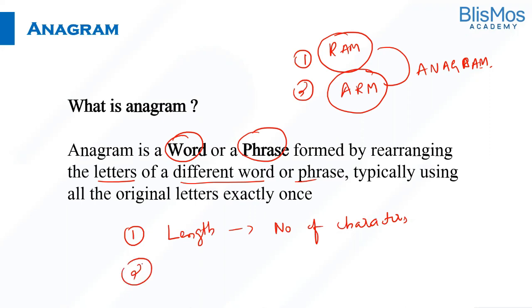And the second condition is both the strings should have the same characters. Meaning the sequence in which the characters are arranged may be different, but they should have the same characters.